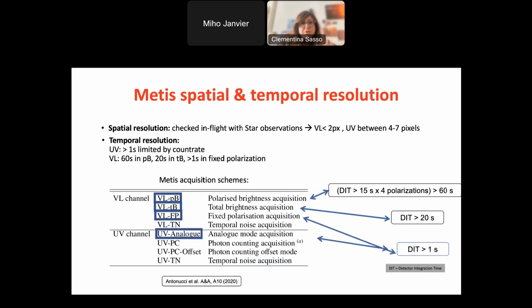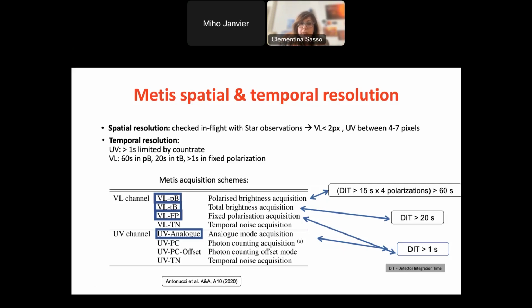For the spatial resolution, we have for the visible light around 2 pixels, for the UV a bit more, 4 to 7 pixels, and the temporal resolution is very high. In UV, we are at higher than 1 second resolution. In the visible light, it depends on which kind of acquisition scheme we are using. Here is a table that summarizes what I'm saying.